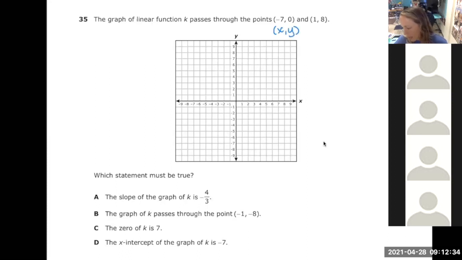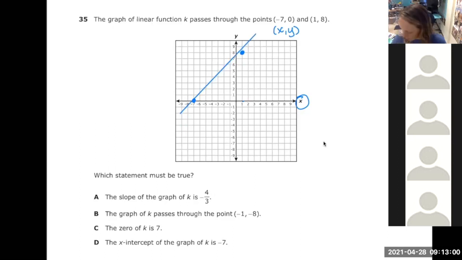So that means we find the -7 on the x-axis first, and then 0 on the y-axis would be right here. And then 1, 8 would be 1 on the x-axis, 8 on the y-axis, which is right here. And then we can draw a straight line through those 2 points.